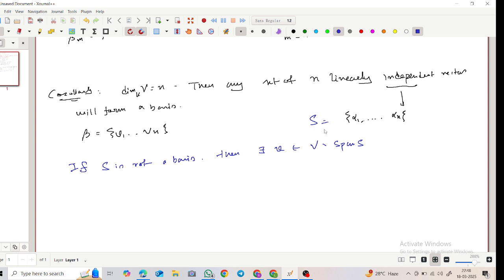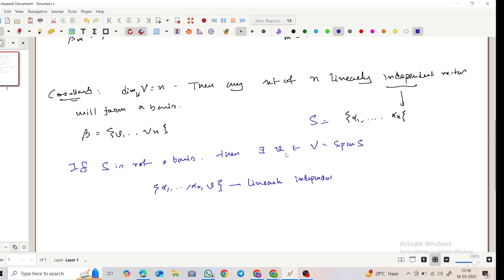So we are taking a V out of span S. And we have seen last day that this is a linearly independent set, right? If you take a vector out of span S, then this set becomes linearly independent.